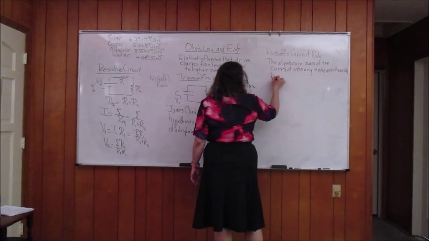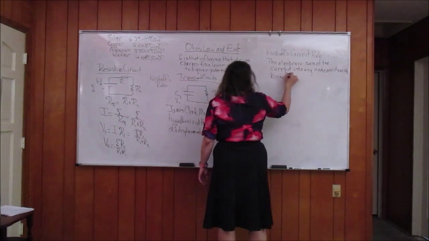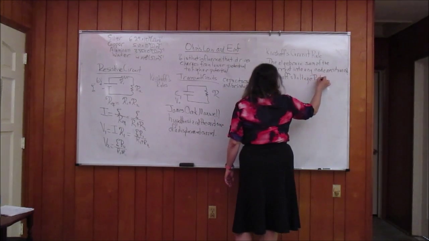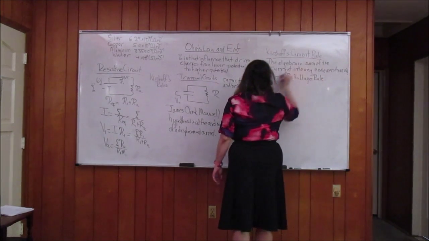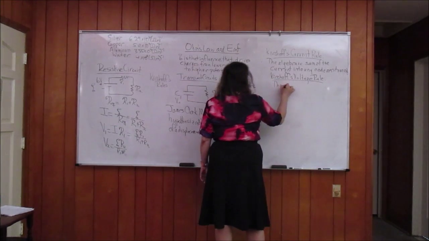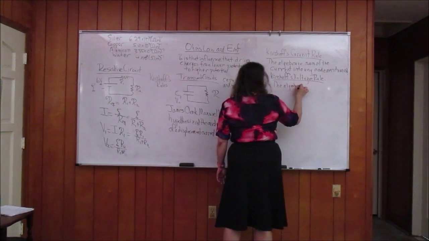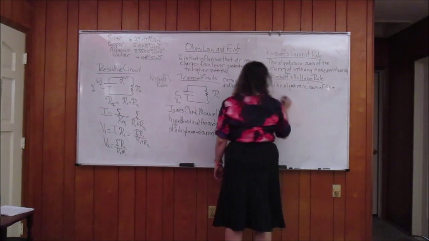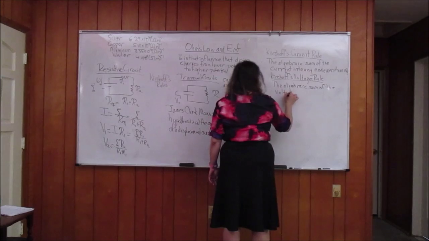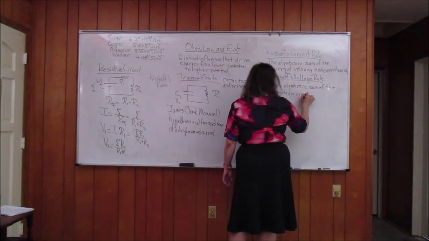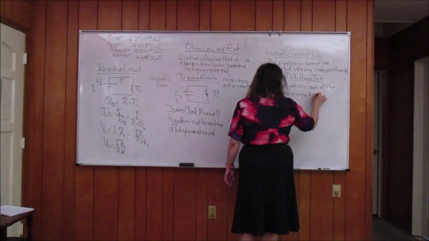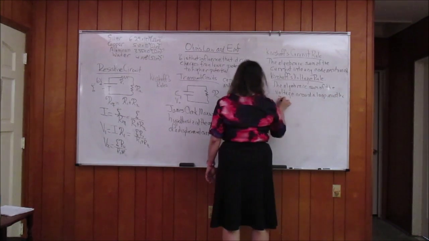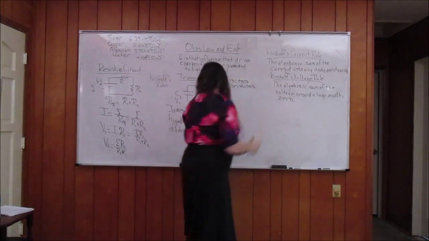And Kirchhoff's voltage rule. The algebraic sum of the voltage around the loop must be 0. Okay.